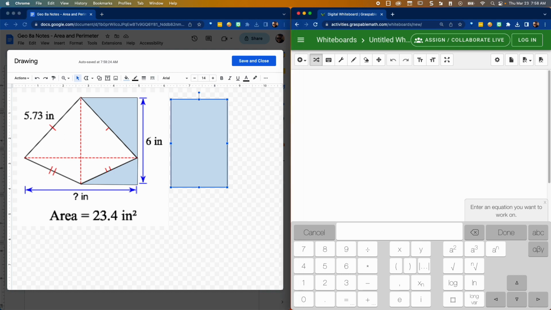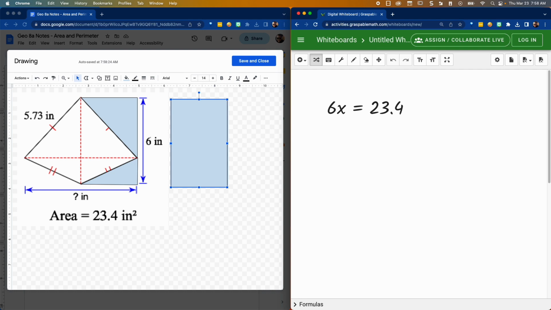So when I think about that, I would say, all right, 6 times something, so let's say 6 times x, is going to be the area, which is 23.4. Now, if I'm doing this, what I'm basically saying is that this right here is x.